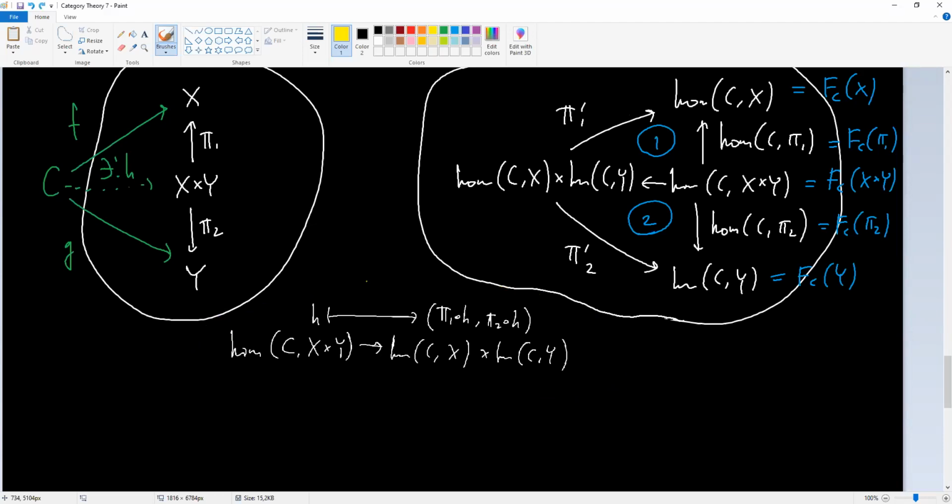Let's give a name to that bijection. Let's call this bijection B. I'm going to call it beta. So let's compute the composite pi 2 prime composed with beta, and let's actually compute its value at some h.